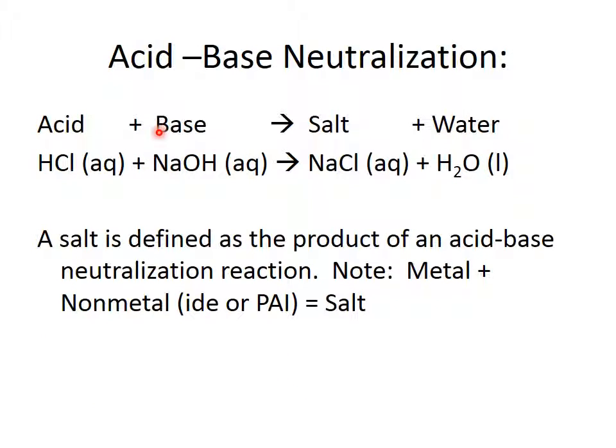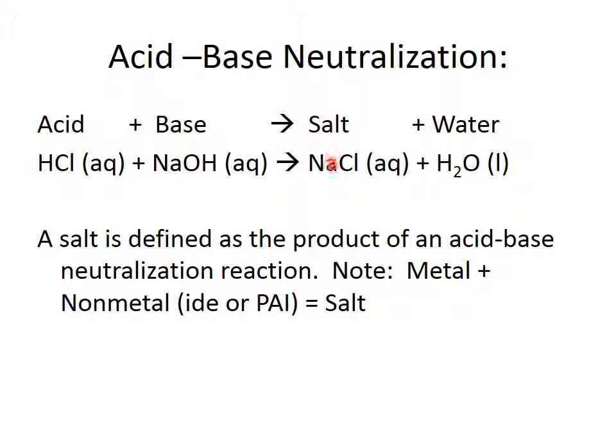There's something called an acid-base neutralization reaction. An acid will react with a base. Here you see hydrochloric acid and sodium hydroxide. What happens? You basically have the front of the base combined with the back of the acid to make a salt, and then the front of the acid combined with the back of the base to make water.